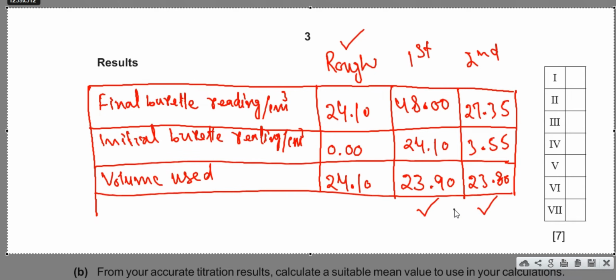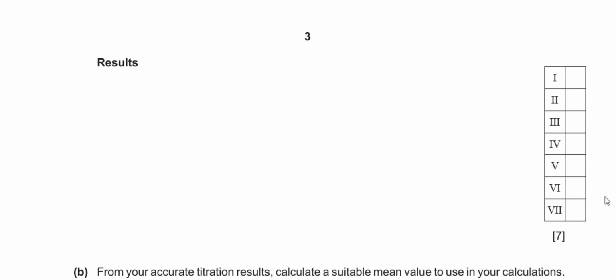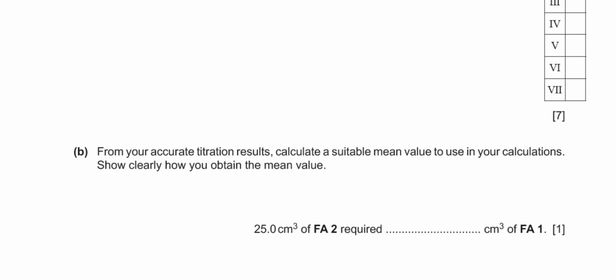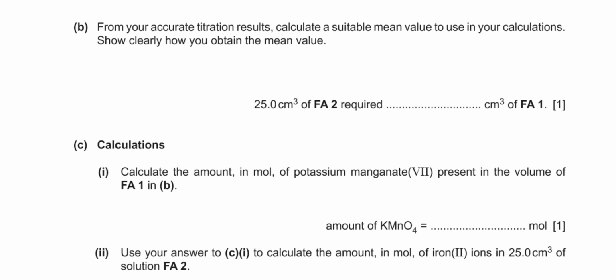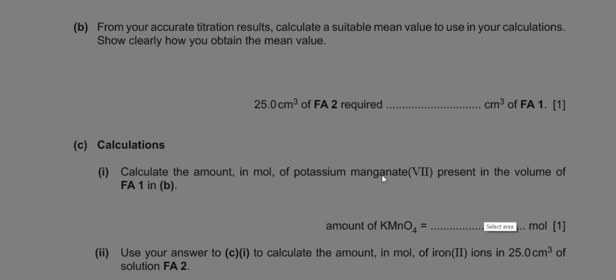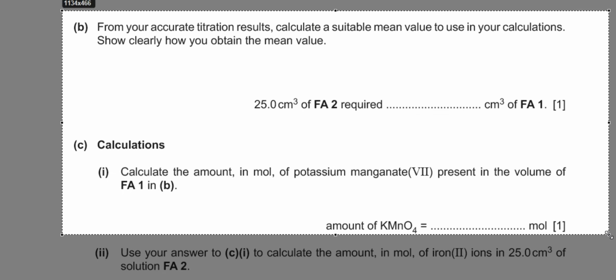Now we proceed with the calculation of the mean titer, or mean value. How do we find the mean titer? As I told you, use the values which are consistent.